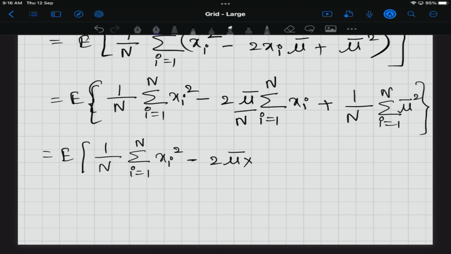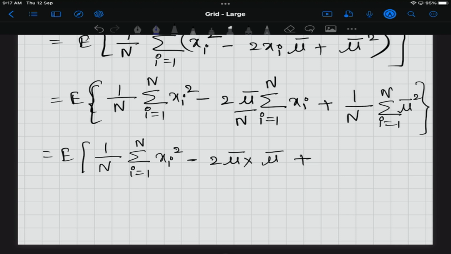Now can I write this 1 by n and this summation as mu hat? Again, this 1 by n and this summation is my mu estimated, no? So I can just remove the summation xi and n and replace it with mu hat.